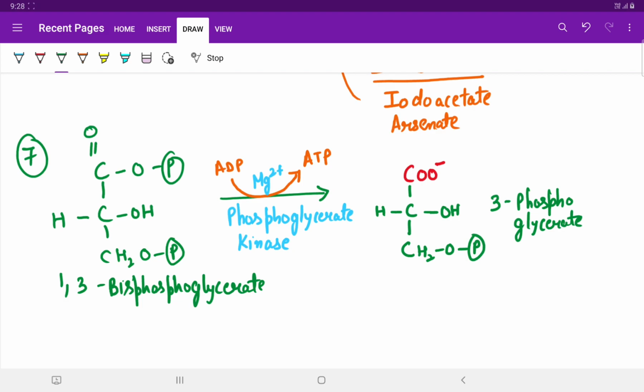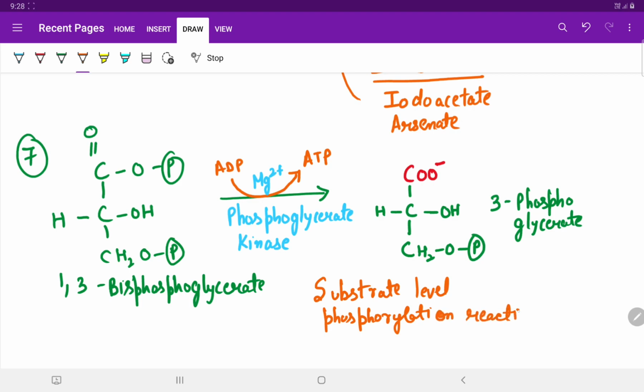This step is a good example of substrate level phosphorylation, since ATP is synthesized from the substrate without the involvement of the electron transport chain. Sometimes this is also referred to as a substrate level phosphorylation reaction, as it does not involve the electron transport chain.